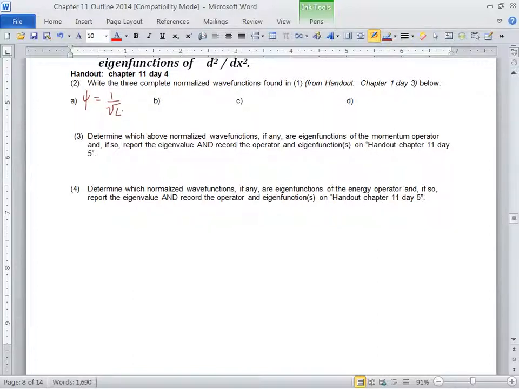And then how about for B? Square root of 3 over L cubed times x. Shouldn't be an x. Right after the whole thing, and the whole thing is squared, not just the 3. Oh, it's the square root of this whole thing.